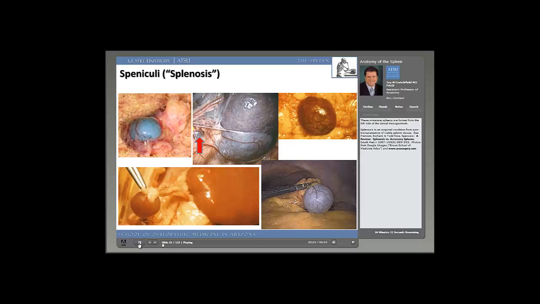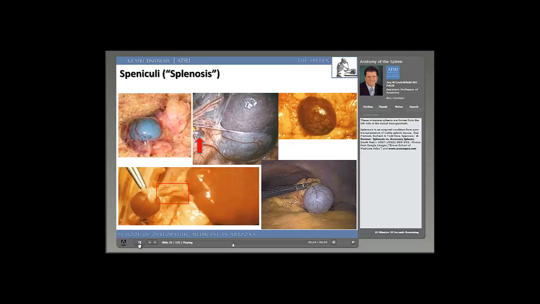Here are images of what's called splenosis. We actually can see small, tiny spleens, which are in the omentum, and in the picture in the lower left, you can see a small band of tissue connecting this small spleen to the omentum.